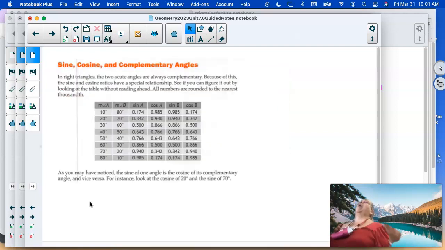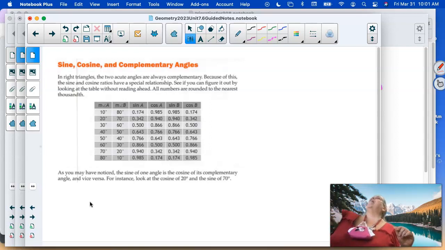Here's a chart, and I want you to look at something. Look at the measurements for a 10-degree angle and an 80-degree angle. There is a method to my madness. Look at the sine of angle A, and look at the cosine of its complement. 80 plus 10 is 90.